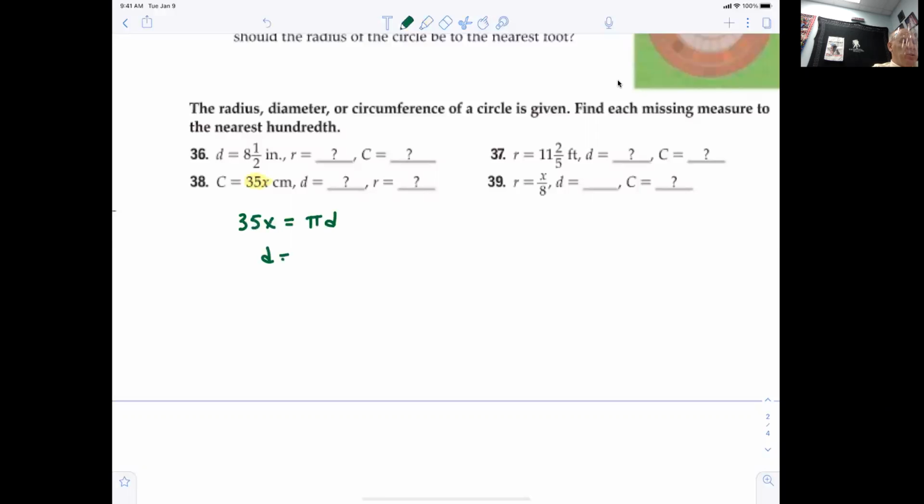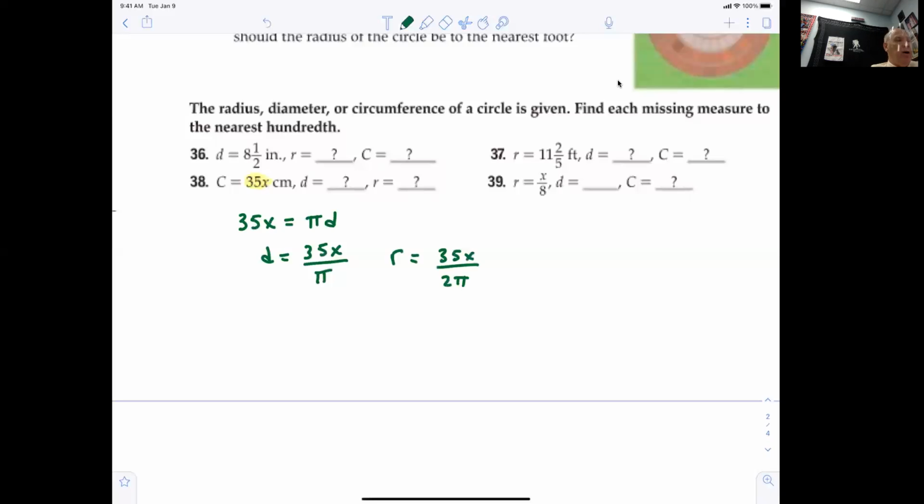So the diameter is just simply going to be 35x divided by pi. If you're going to take the radius, you're just going to cut that in half. So the radius would be 35x over 2 pi. Does that make sense?